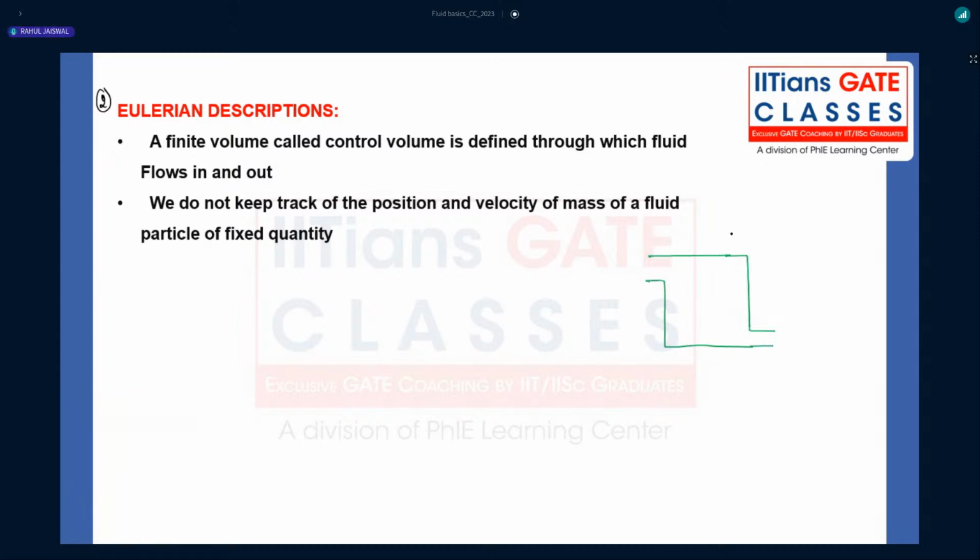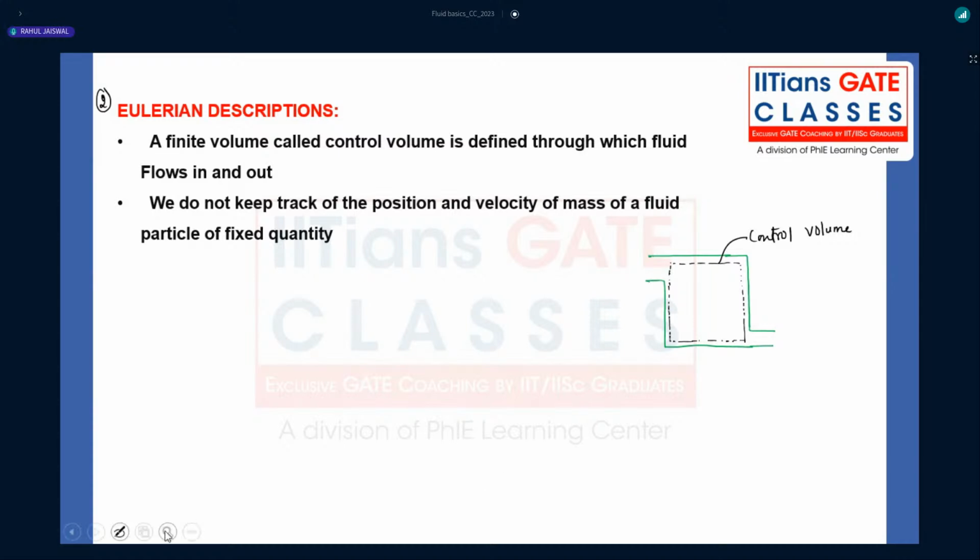Now, for example, suppose a control volume is there. I'm just taking one control volume. This is my different control volume. This is what we have, the control volume.